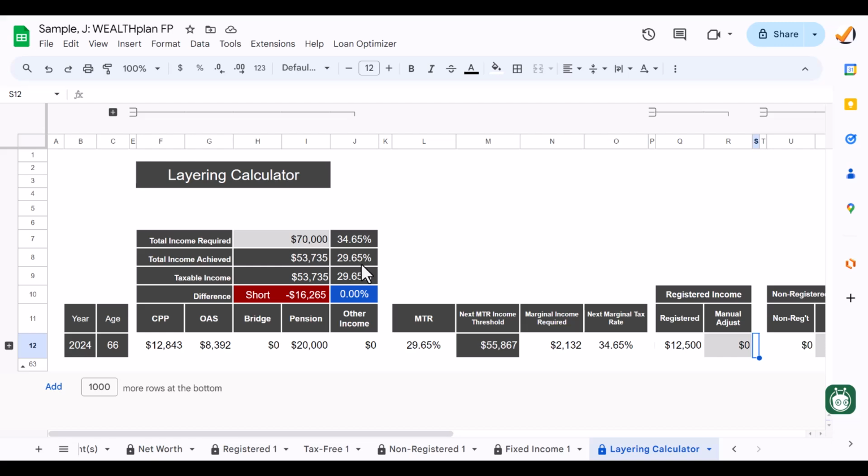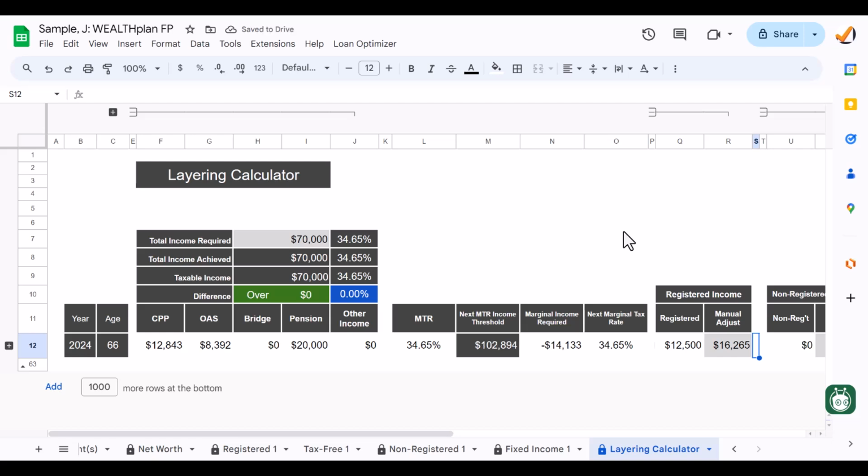But we are short $16,265. You can see if we flip over to the side at registered income, we have included the $12,500 from his RRSP, but nothing else. So we're going to have to make up the difference from his remaining variable assets.